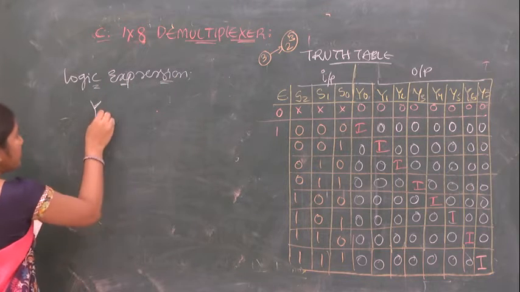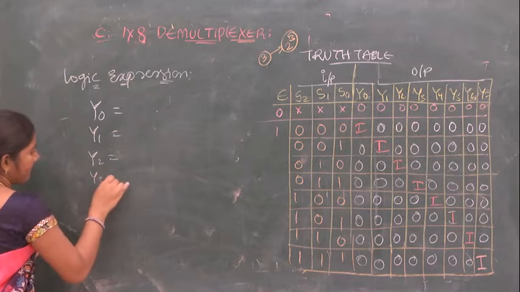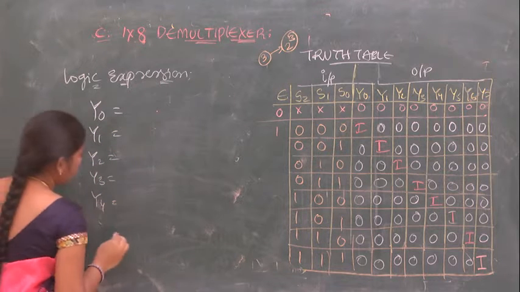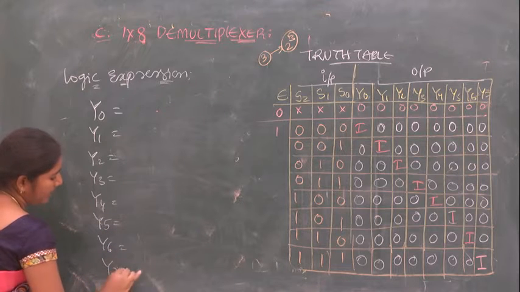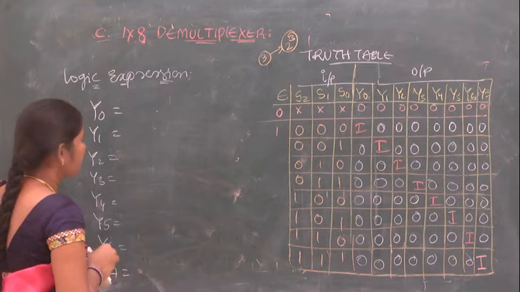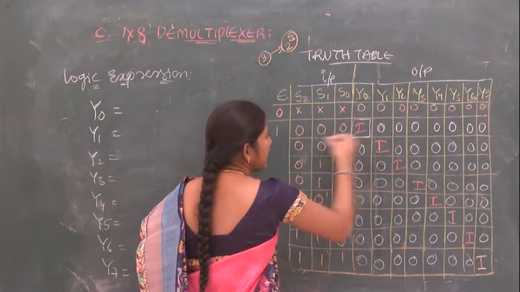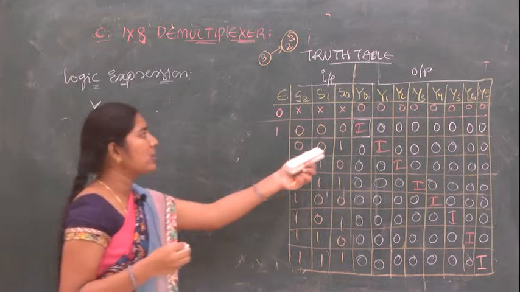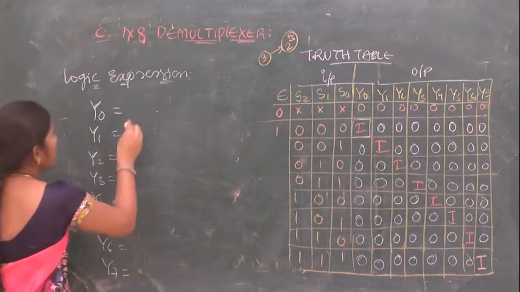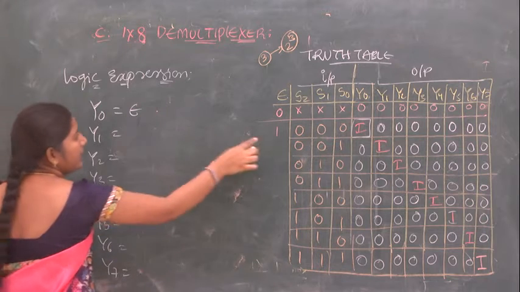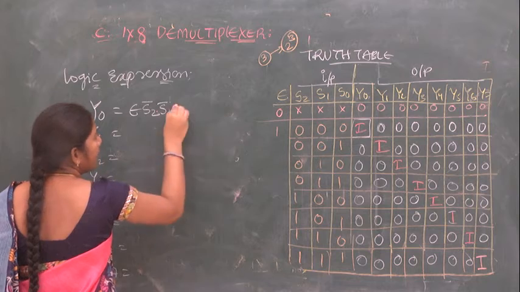As we are having 8 outputs, Y0 to Y7, right? Just see here, the Y0 value is I only in this case, means only in this case data exists. So write the expression for this case itself, which is what? E, S2 bar, S1 bar and S0 bar.